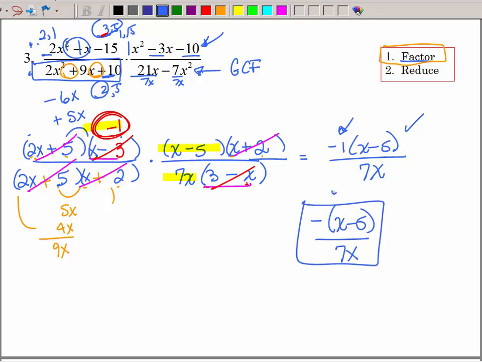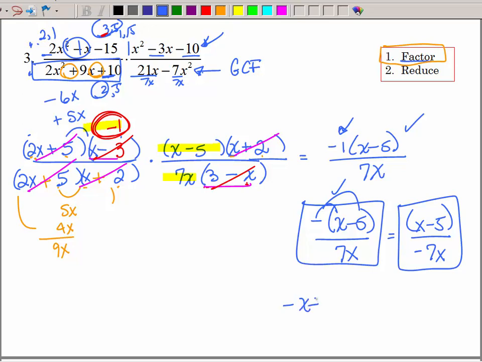And that's okay. I'm going to give you some other choices. You could also have x minus 5 on the top, and if you felt like it, you could put that negative on the bottom. One more option. You could distribute that negative on top and write it like that. All of those are correct. So let me show you what would be wrong.